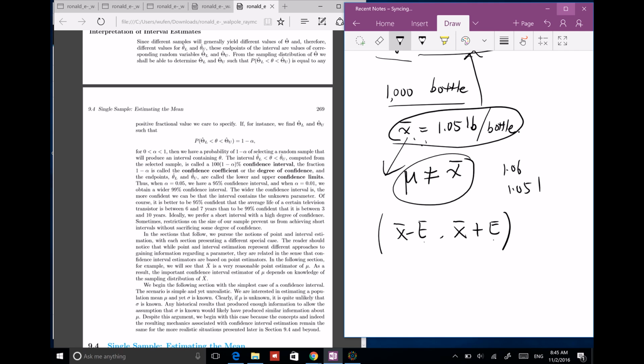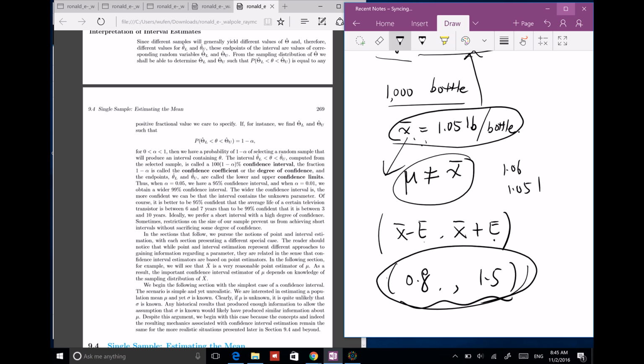In the interval, this E represents the error. Now I know the average mean value of the 1,000 bottles is 1.05. Now I'm very confident the average mean value of the 1 million bottles is from 0.8 to 1.5 pound. So you make an interval and say I'm confident that the population mean value will be any number in this interval.